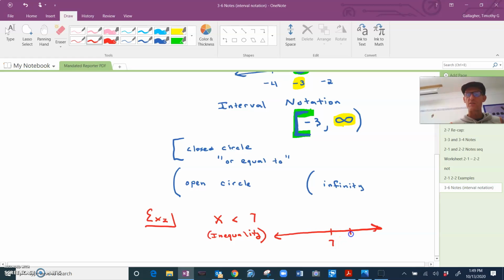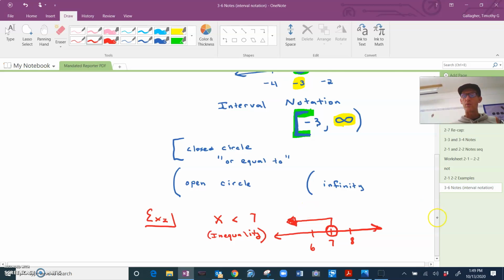This is 7, this is 8, and this is 6, and then 5, 4, 3, 2, 1, 0. I'm going to circle 7. And it gets left open because there's no line underneath here. It's not or equal to 7. x cannot be 7, so the circle is open. And then it's going to be all of the numbers to the left.